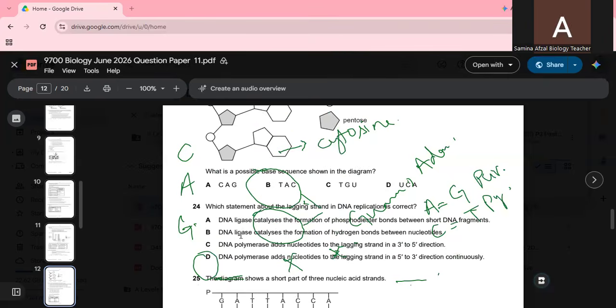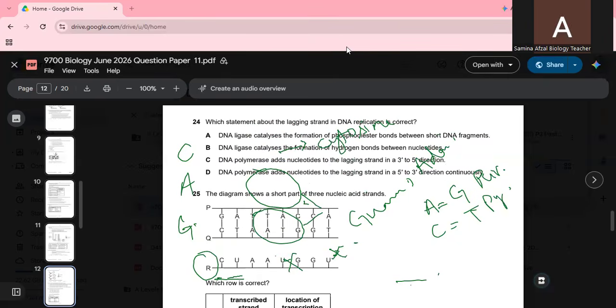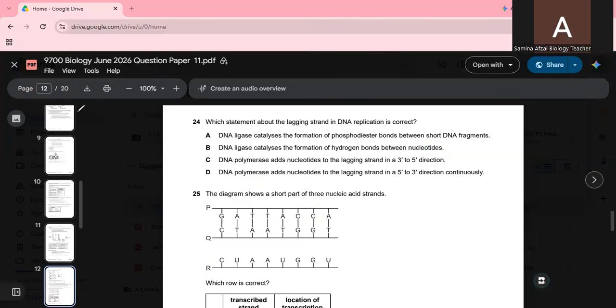Now question number 24 is, which statement about the lagging strand in DNA replication is correct?